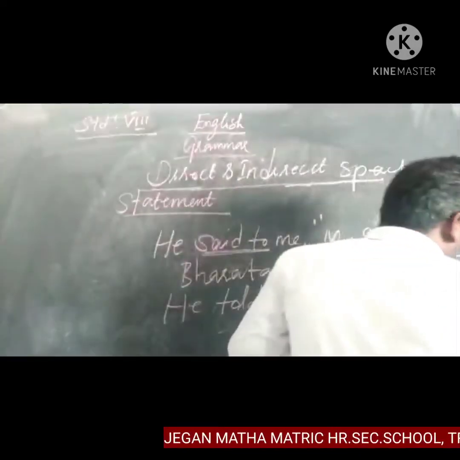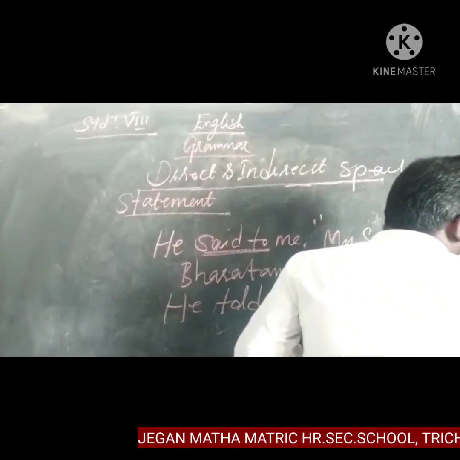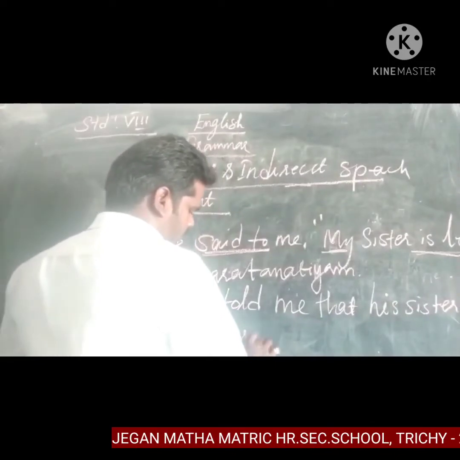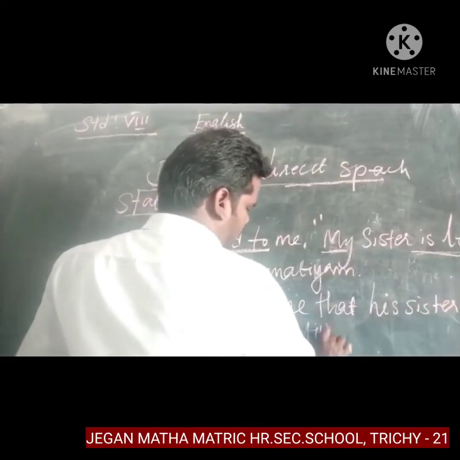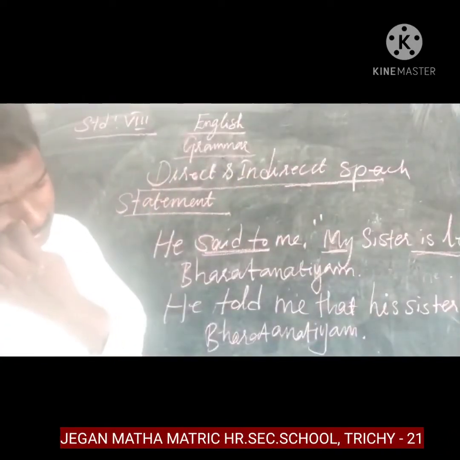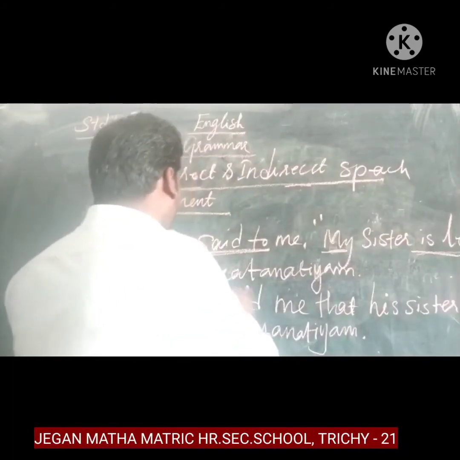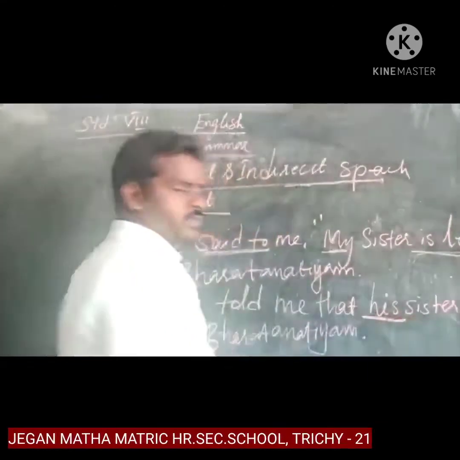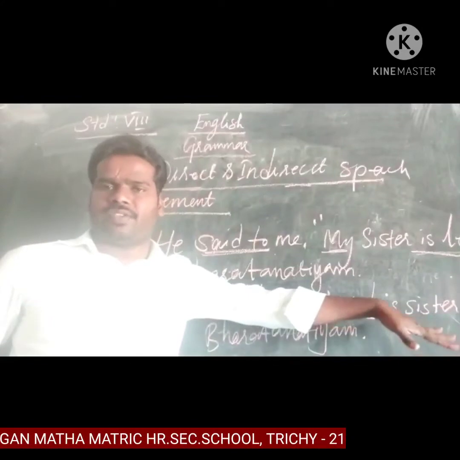His sister was learning Bharatanatyam. Okay, so this is present continuous changing into past continuous. The pronoun changes into he. Suppose female, she, her sister. So we know the rule.